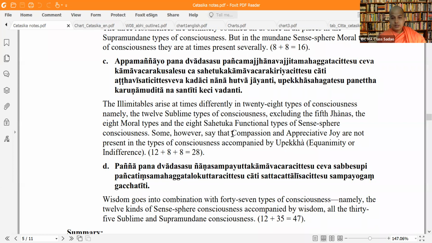Even when karuna and mudita are present in a chitta, there can be some form of upekkha or not. I'm not sure. So it says that there can be upekkha as well. But according to some, when there is upekkha, probably upekkha is so strong that karuna and appreciative joy should not be there. So that is the understanding.